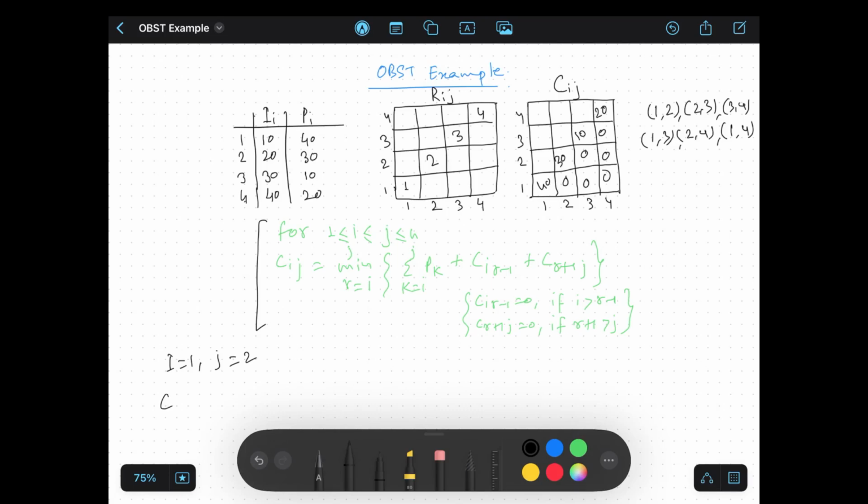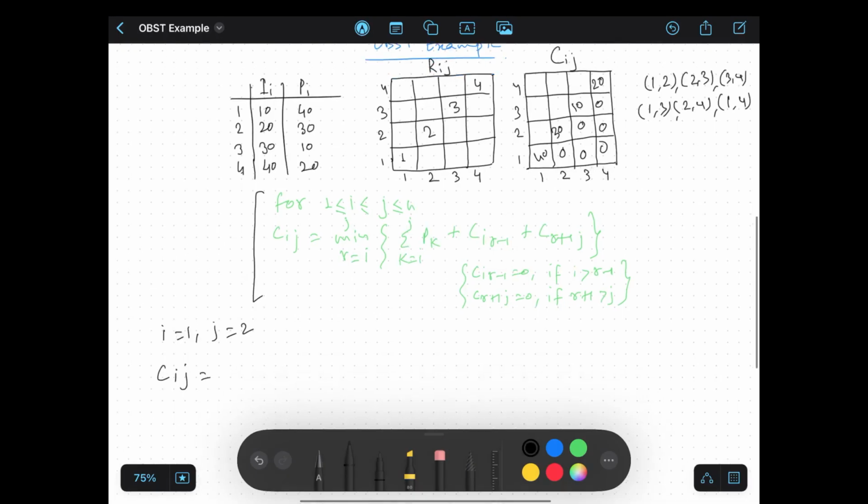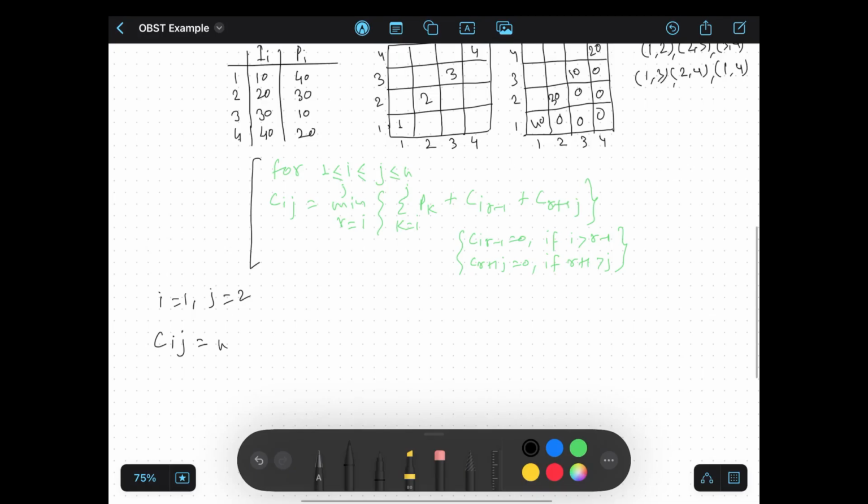And we are going to find C i j, which will be the minimum of all the values of r, where r is equal to i to j, which is 1 to 2.